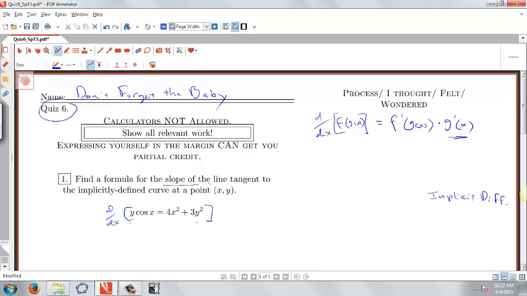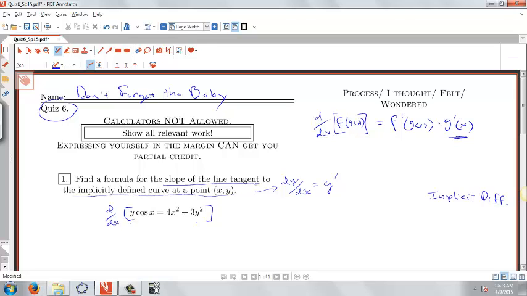Because what's the slope of the tangent line to the implicitly defined curve at a point x comma y? It's dy dx. The ratio of changes in y to changes in x. This is rise over run. At a single point, that's the derivative. So this is also the same thing as y prime. Y prime means the same thing. It's the slope of a tangent line at some specific point.